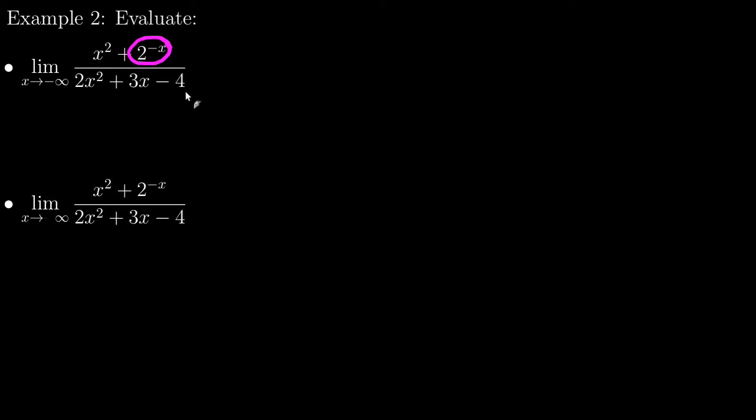In the denominator, I have an x squared, a 3x, and a negative 4. The x squared makes the biggest difference at the bottom, and so this limit will equal the limit as x approaches negative infinity of 2 to the negative x divided by 2x squared.